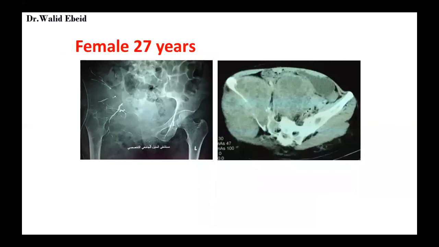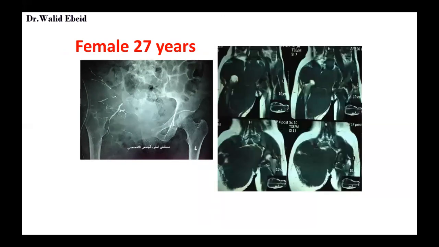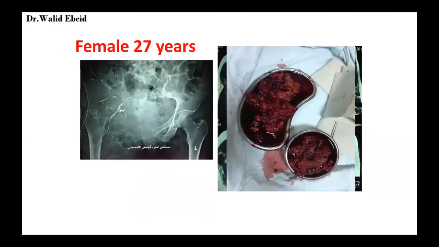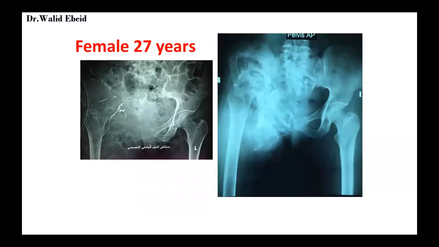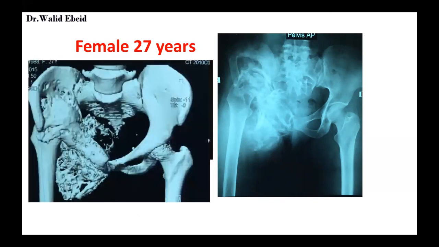This is the second example of a female, 27 years, with extensive giant cell tumor of the pelvis. We did pre-embolization of her tumor and then started her on denosumab after doing curettage. And you can see here the bone formation with denosumab. And this is her CT showing the bone formation.